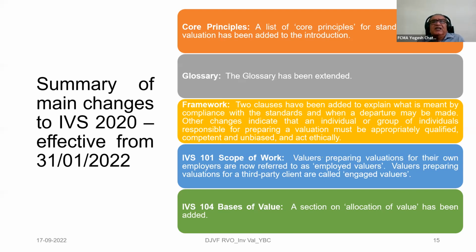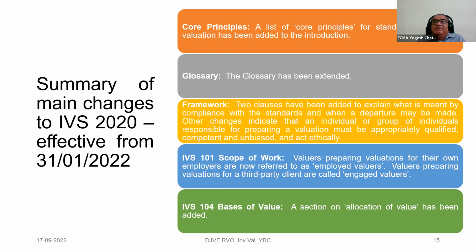I hope all of you have downloaded a copy of the latest version of IVS, which is effective from 31st of January 2022. It is freely available on the internet. As Kajal madam told in the beginning, Divya Jyot RVO has adopted this International Valuation Standard.